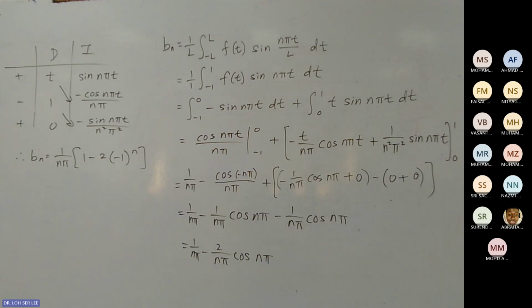Okay, so now you have got your A naught, An, Bn. Substitute all this into the Fourier series formula.